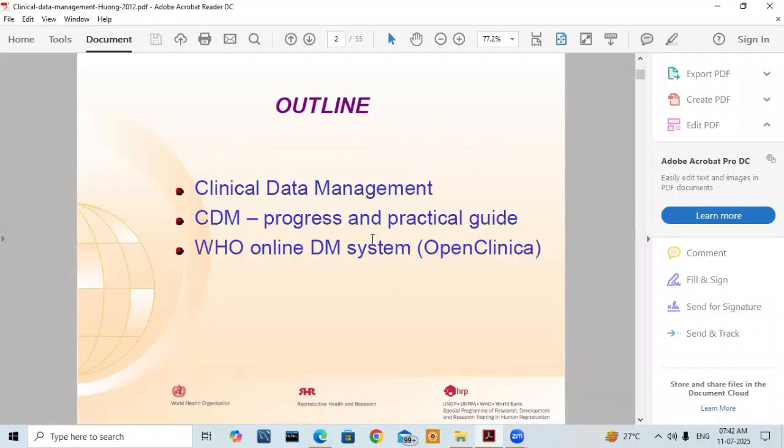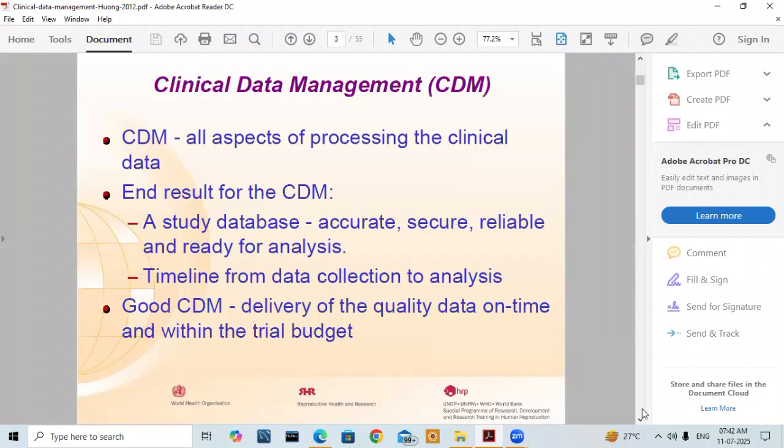So what is the clinical data management process? You will see here clinical data management, with all the aspects of the clinical data management process. What is the main aim of clinical data management? The main thing is that we are involved with processing the clinical data.